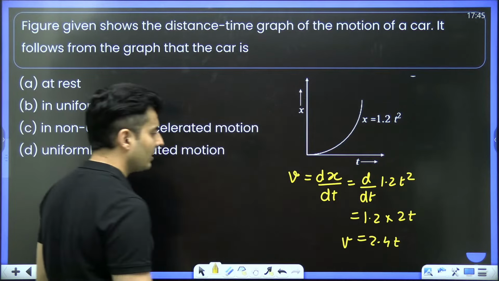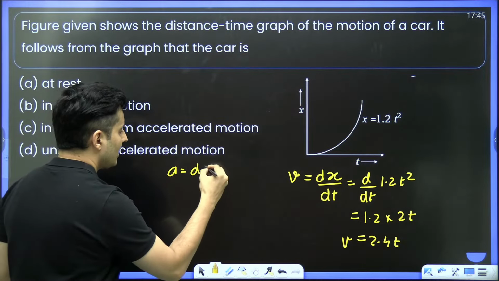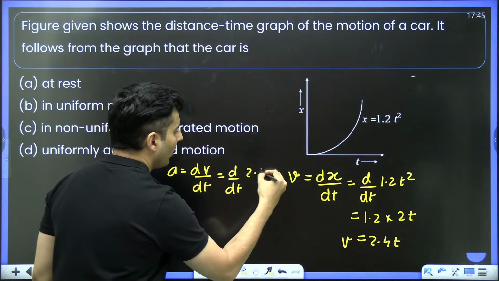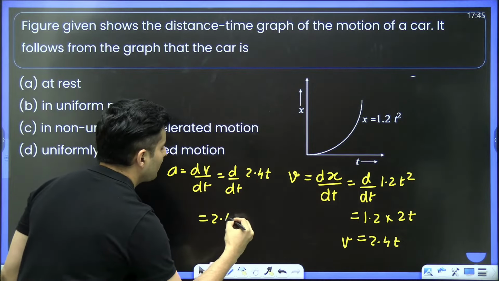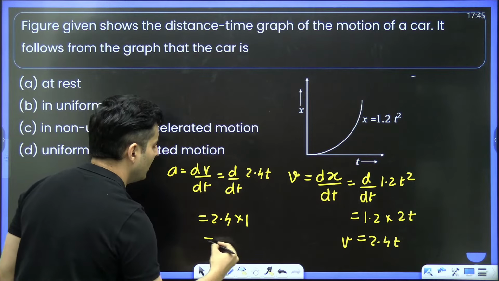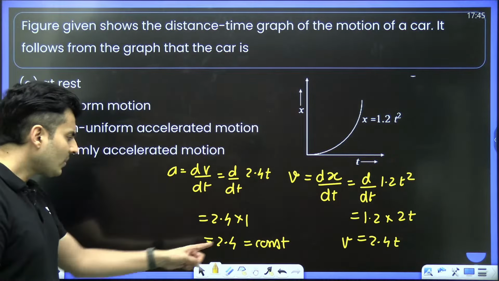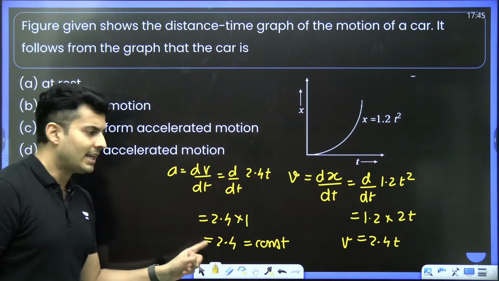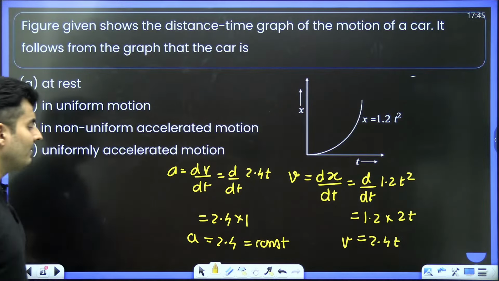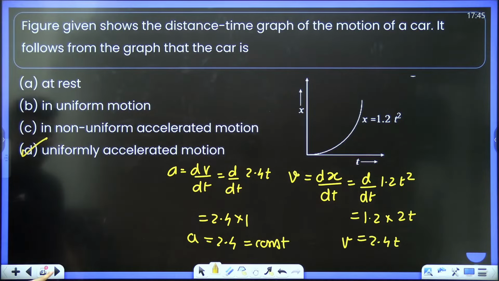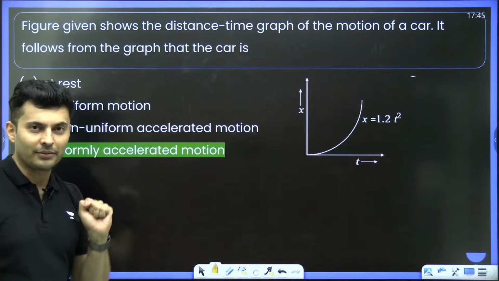That is your velocity. Acceleration is the derivative of velocity, so it will be the derivative of 2.4 t. 2.4 comes outside, the derivative of time is just 1, so this is 2.4, which is nothing but a constant. There is no time involved in acceleration. So if acceleration is constant, that means it is uniformly accelerated motion.